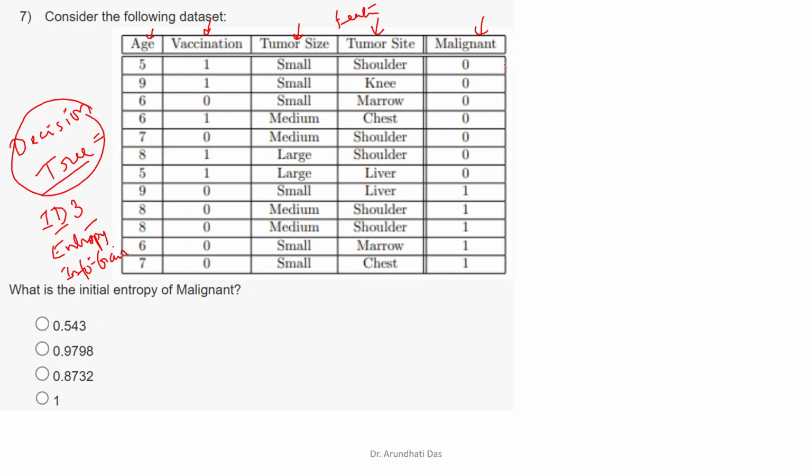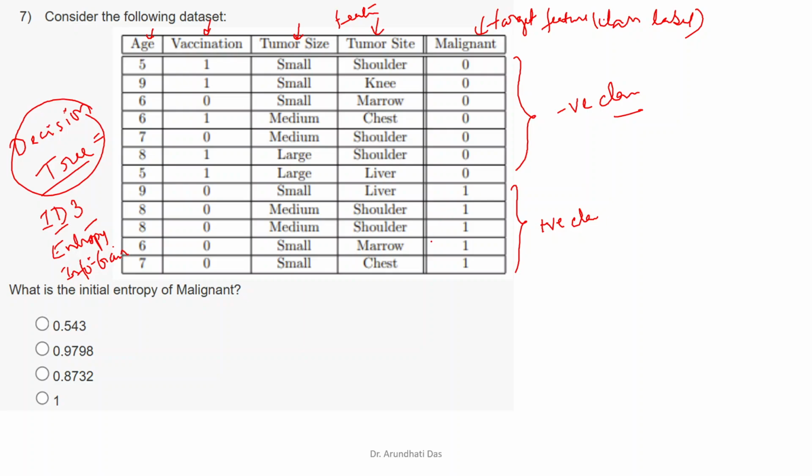So there are two classes of this target feature, which is also called the class level. It has 0 class and 1 class. We'll consider the 1 class as the positive class, and all the 0 class labels we will consider as negative classes.